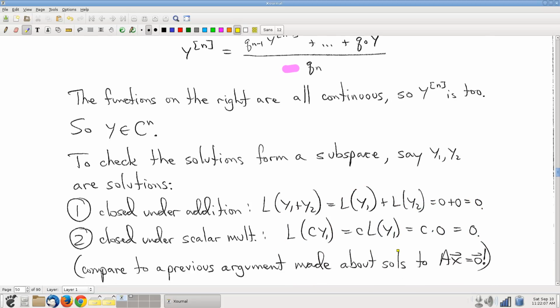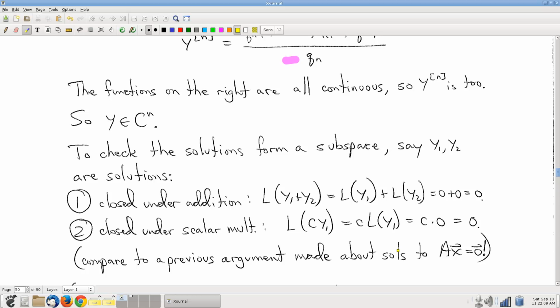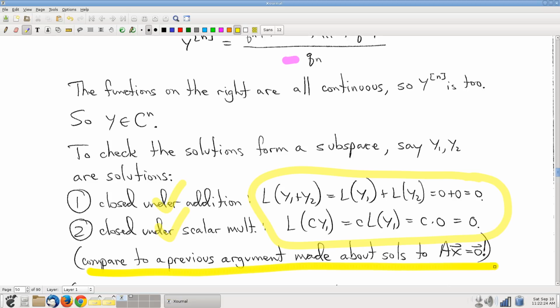All right. Now, before I go on, this is a good callback moment. You look at this argument here, the algebra that we went into to show that this collection of solutions is closed under addition and closed under scalar multiplication. I strongly encourage you to go back and compare what we've just argued to a previous argument that we made about homogeneous solutions to matrix equations.